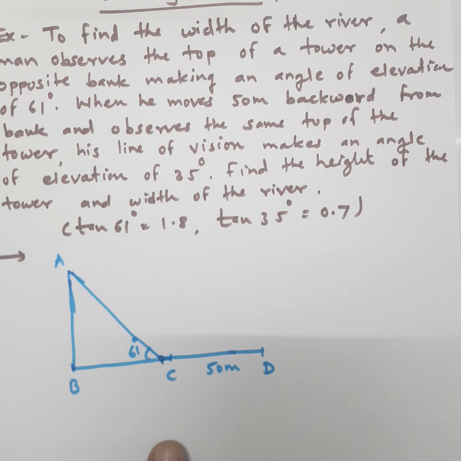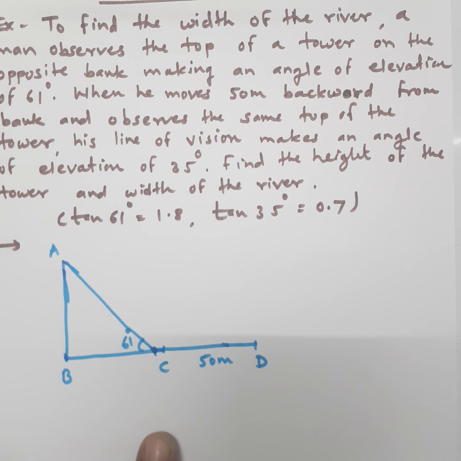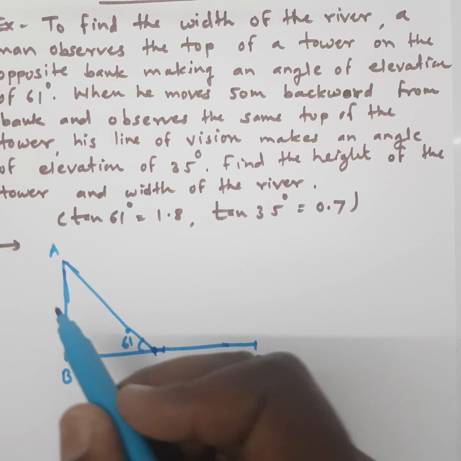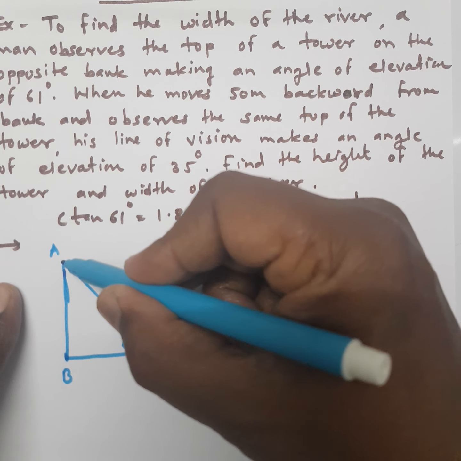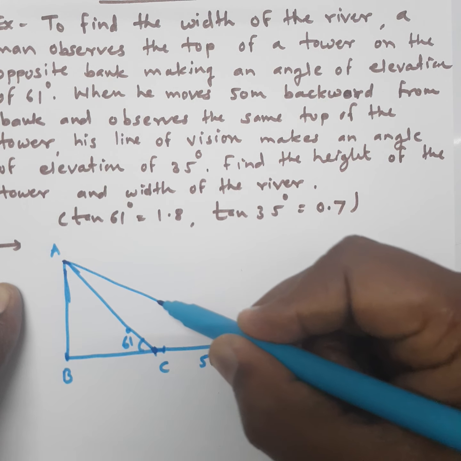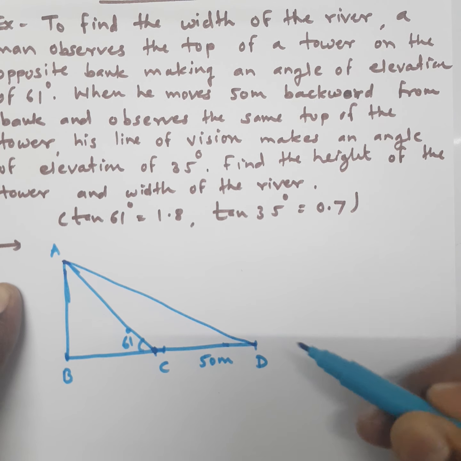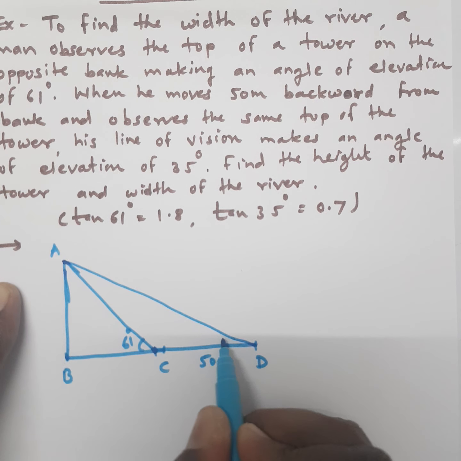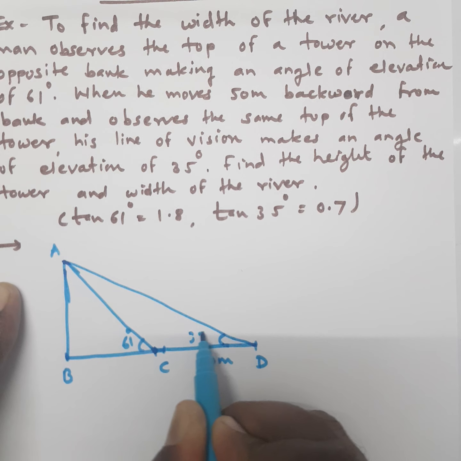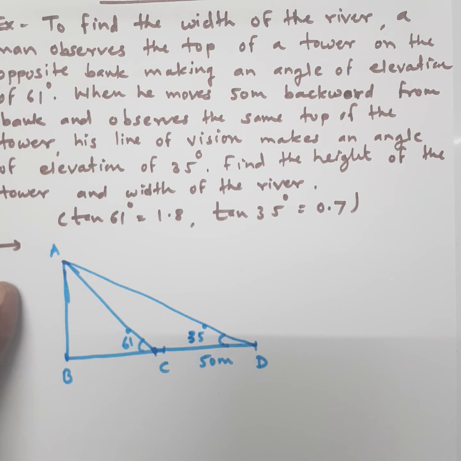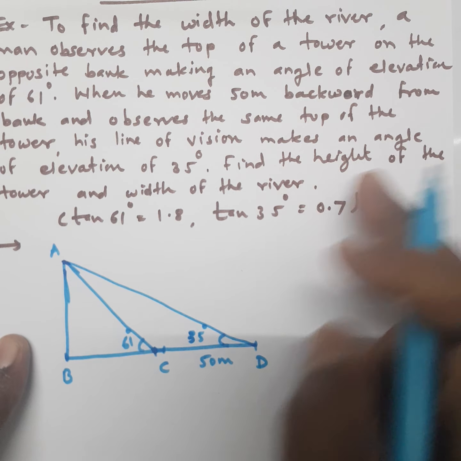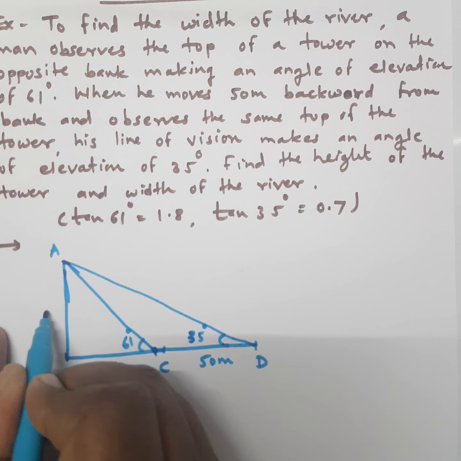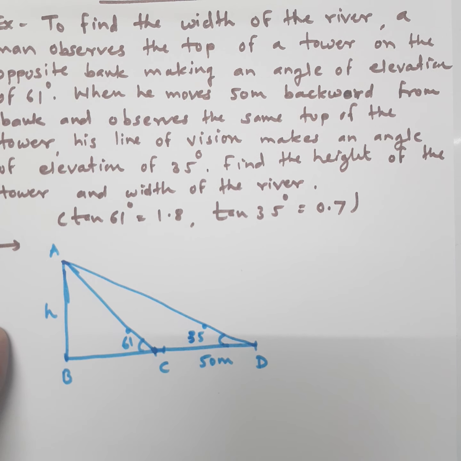Let him move backward up to point D and observe point A, that is the top of the tower. At that time he makes the angle of elevation 35 degree. We have to find the height of the tower. Let h be the height of the tower and the width of the river means BC.